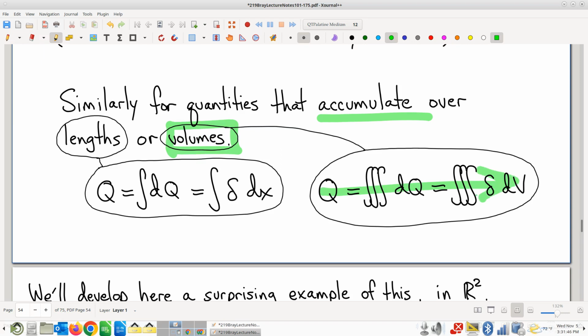This is how you would compute an accumulating quantity over volumes. And again, the whole is the sum of the parts. Now the parts are in three different directions instead of two, but still the whole is the sum of the parts, and each part is a density times the size. So same basic ideas, just different geometry. Okay, so that's a big picture strategy. I know it seems pretty abstract, but lots of payout on lots of big theorems, and we're going to see those over the next few weeks here.